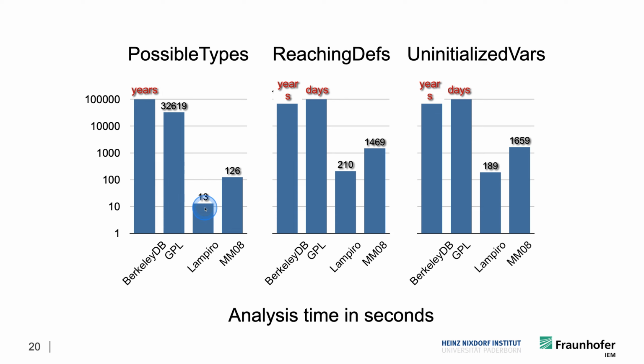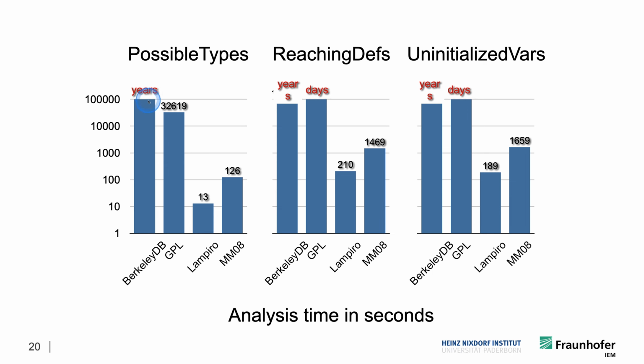But Lampiro only had very few configurations as far as I remember. But all the other cases already took several minutes, right? But then we had these really bad cases for GPL and Berkeley DB. So for GPL, this already took several hours. I think that amounts to about half a day or so of analysis time for all the different products that you have. But for the other ones, it already ran days.